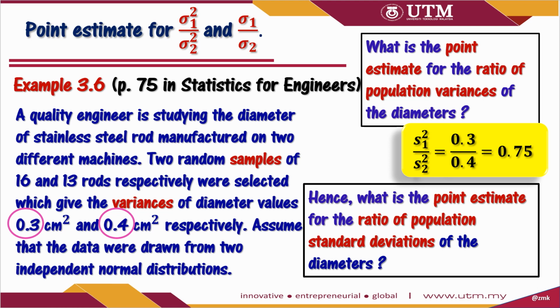So in this case, what we can do is to take the square root of the first answer, that is square root of 0.75, which gives us a value around 0.8660. So this is the point estimate for the ratio of sigma 1 to sigma 2.